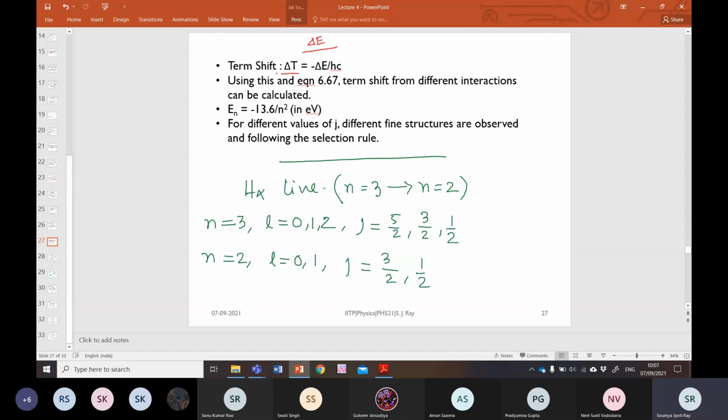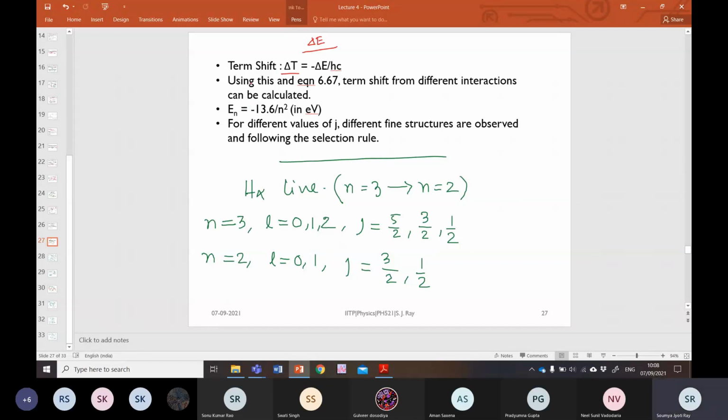This is a very commonly used quantity in spectroscopy, and the unit is usually centimeter inverse. It tells how much shift is coming up because of this particular correction from the unperturbed configuration. We'll be using this term shift in future lectures also, in the case of Zeeman effect or even subsequent effects. So this is a common term which we'll be using throughout.